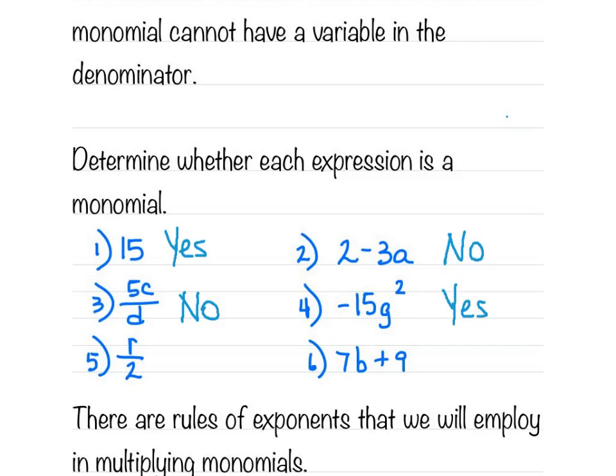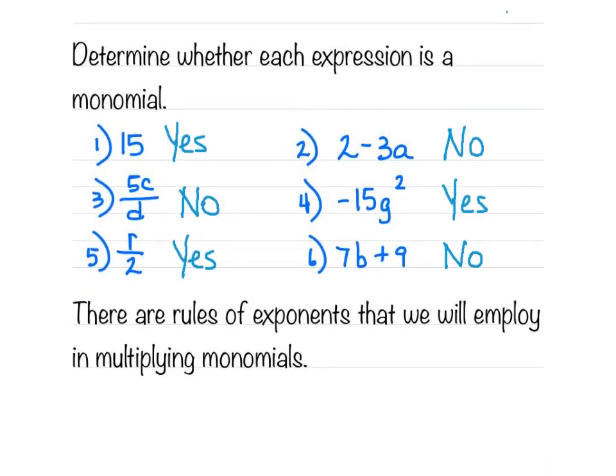Number 5, r over 2. Yes, r over 2 is a monomial because it is the product of 1/2 times r. Number 6, 7b plus 9. No, this is not a monomial because it is the addition of two monomials.